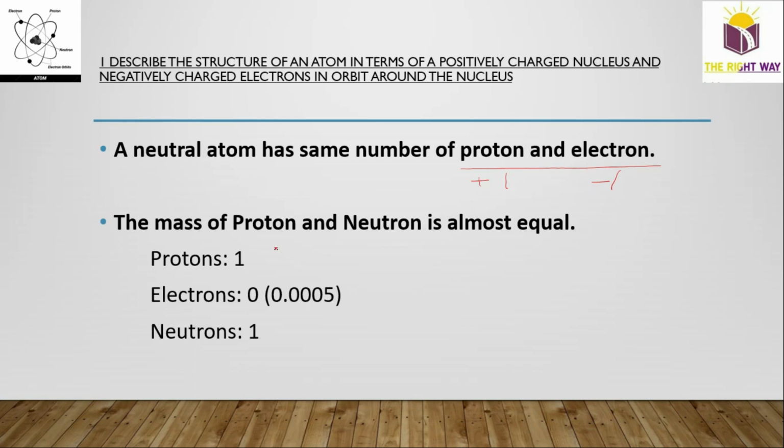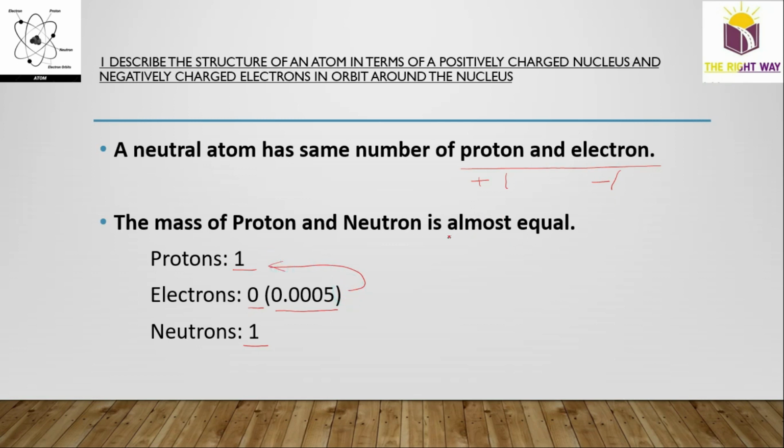As I said, most of the mass of the atom is at the center, because the mass of proton and neutron is almost equal, which is 1 and 1, while the mass of electron is considered as 0 because it is much smaller than proton and neutron. It is equal to 0.0005 according to this one.